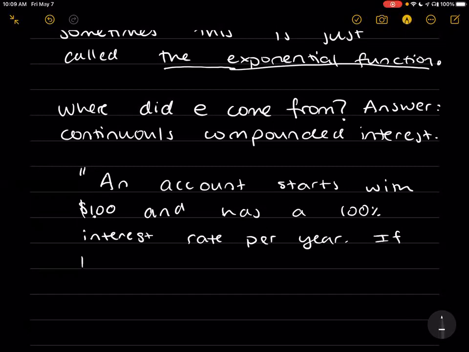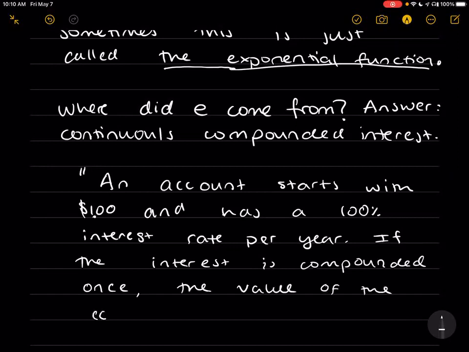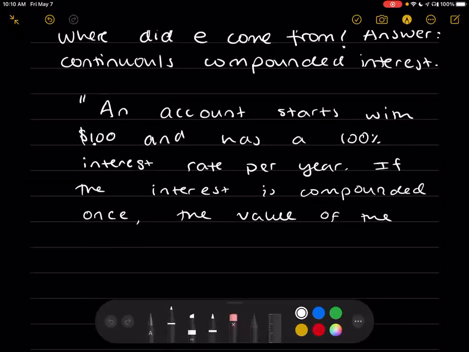So if the interest is compounded once during that year, the value of the account would be $2, right? Because 100% of $1 is another dollar. And so you compound that once, you're going to get a second dollar, you're going to end up with $2 at the end.